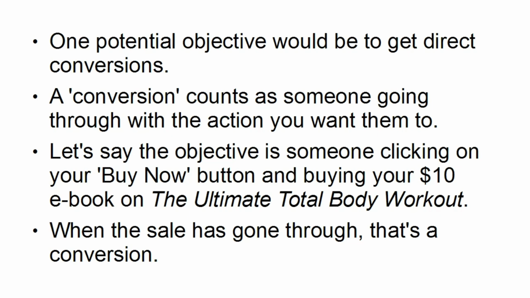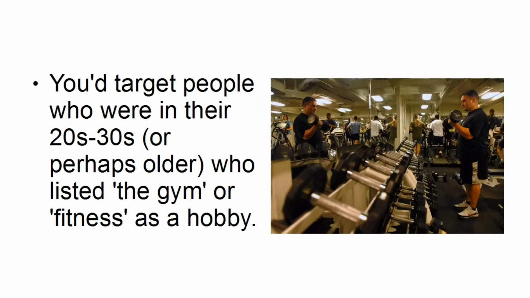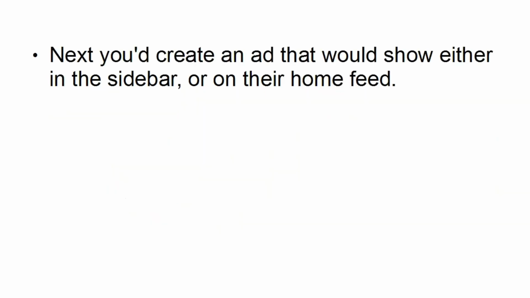Fairly straightforward. So what you do for this ad is you would target people who were in their 20s or 30s or perhaps older, who listed the gym or fitness as a hobby in their Facebook profile. Next, you will create an ad that would show either in the sidebar or in their home feed.